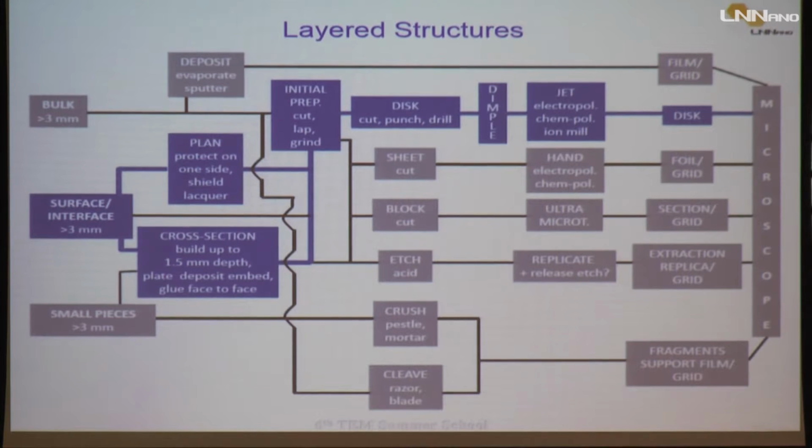And then first, I will show something about layered structures, where you want to characterize the surface or interface of a layered structure, okay? And then you can follow this way here to the microscope, okay? I will show in the next slides all these possibilities.